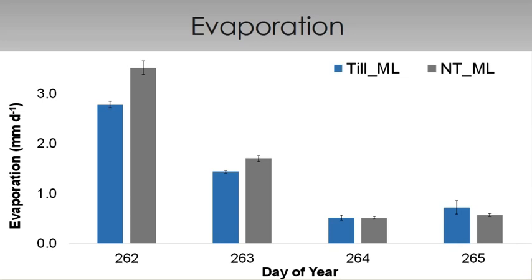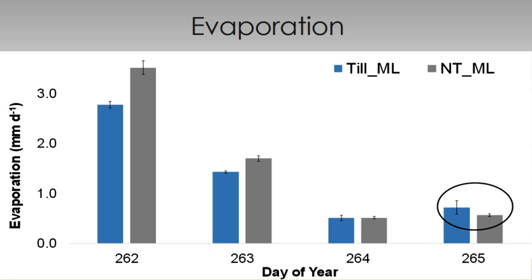And we see this translated here, where we have less available energy at our till soil site, leading to less evaporation of water when the evaporation is energy limited. And also I want to point out that during our last day of measurement during this period, although our measurements weren't significantly different, we do see that the higher water content at the till soil surface led to higher evaporation.